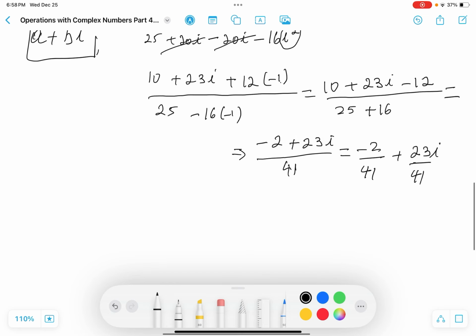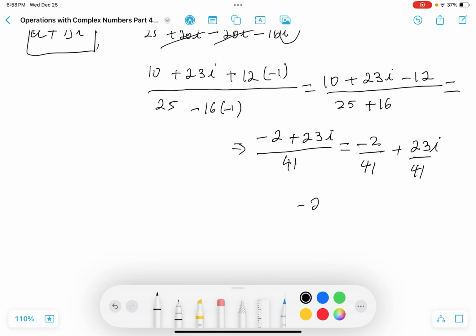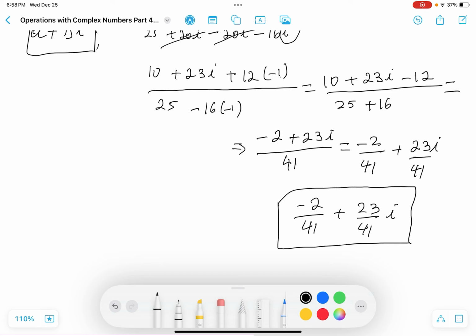So one more time, that will be the final answer: negative 2 over 41 plus 23 over 41 i. This is our final answer, and this is the new complex number when we divided the two complex numbers.